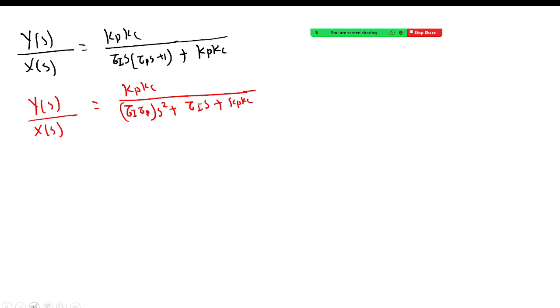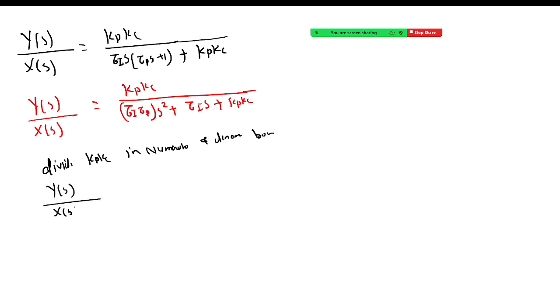It seems like it is going to be a second order transfer function, tau square S square plus 2 zeta tau S plus 1 kind of thing. So I'll convert this into the standard form, dividing Kp Kc in numerator and denominator both. So what will I get?